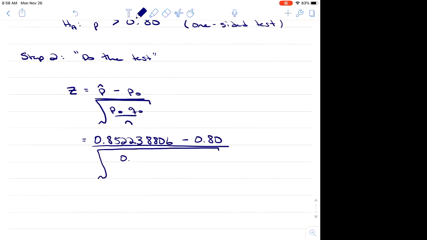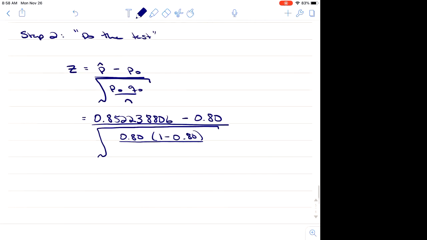Over the square root of 0.80 times 1 minus 0.80. All over N, your sample size is 670. Yes? Yeah, if you don't want to show the 1 minus 0.8, I just want to show you where it's coming from, but if you go straight to 0.2, that's fine.